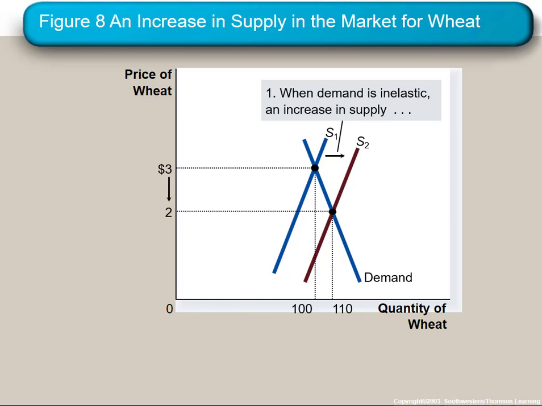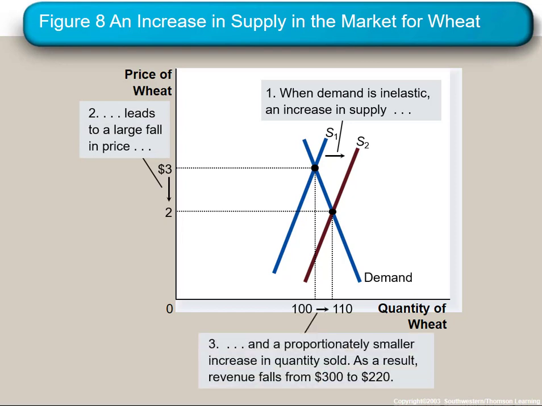So this is one of those examples where you're in an inelastic region and you decrease the price, and as a result of that, you pick up a few more customers, but you don't make much more revenue.